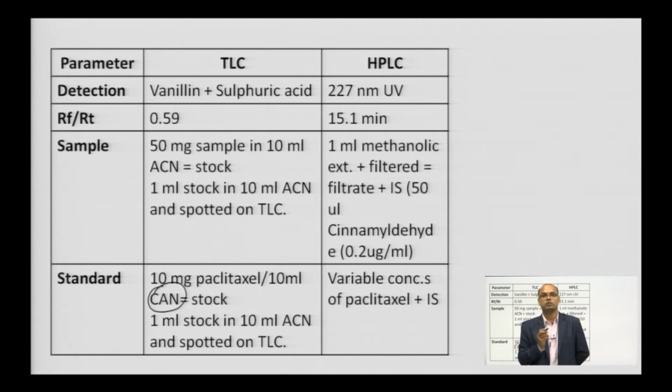Similarly, for the standard we have also used variable concentrations of paclitaxel along with the internal standard cinnamaldehyde. So these are the conditions for detection of paclitaxel using HPLC, and you can detect the peak of paclitaxel in the HPLC chromatogram under these conditions after 15.1 minutes.